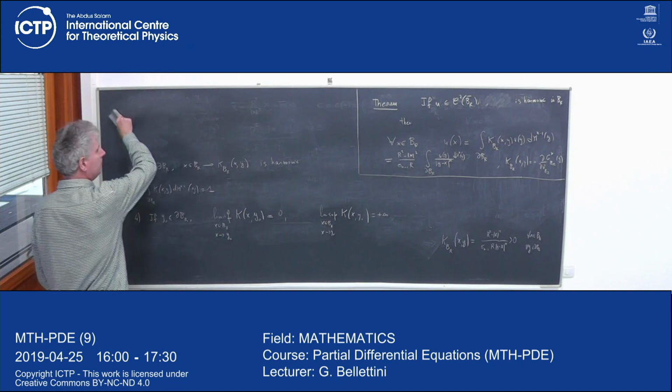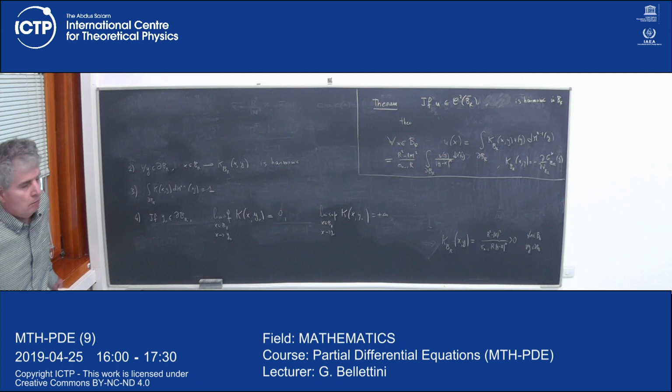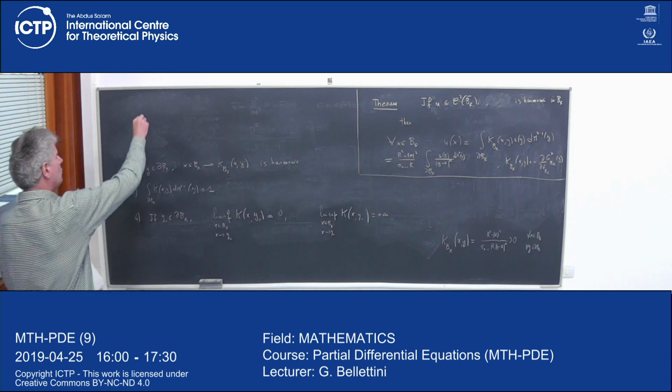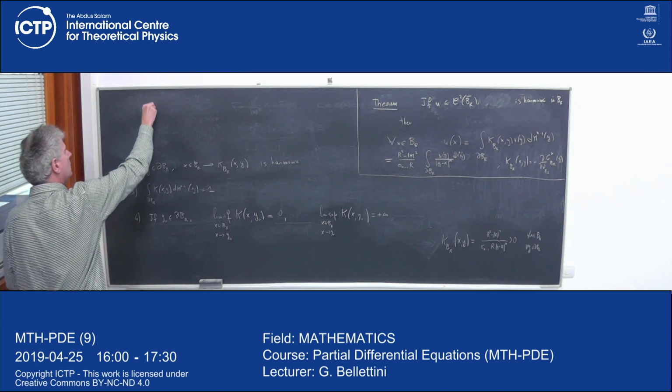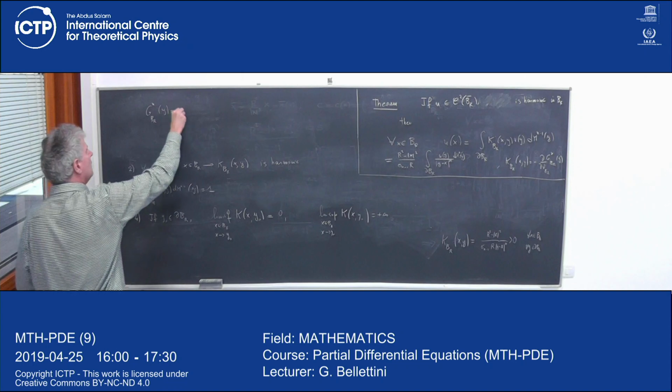Now, second. What do you think about the second part? Can you show it? So what do we know? How should we show this? So g x BR of y is what?